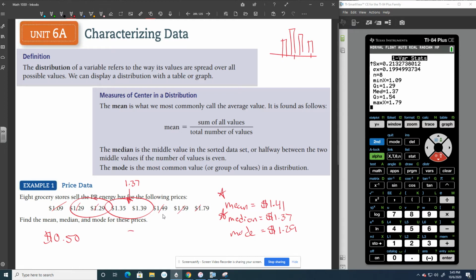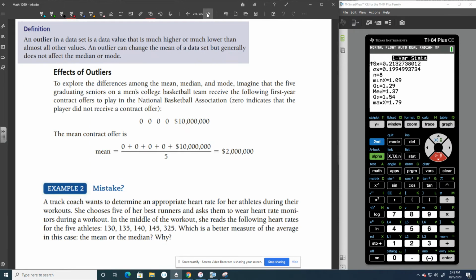Or maybe another store, maybe a gas station or something, is selling them for $3, which is significantly higher than what the others are. So these data points are called outliers. They're far away from that center, that middle ground that most of the data is clumped around.